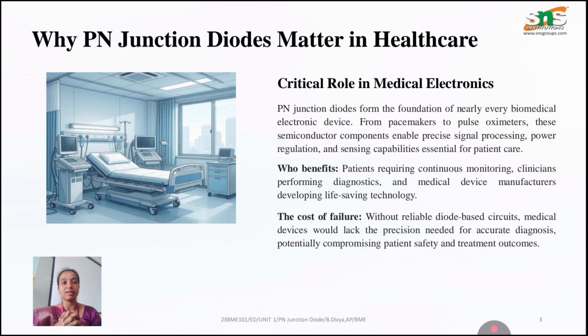Pulse oximeters and even pacemakers are made using the PN junction diode, specifically for patient care.